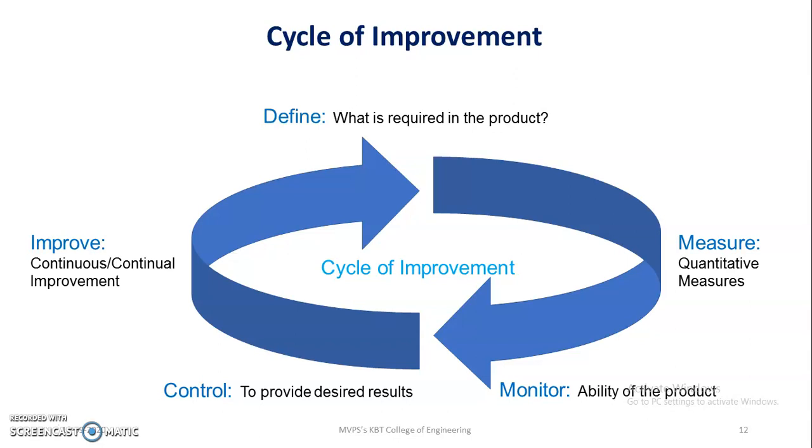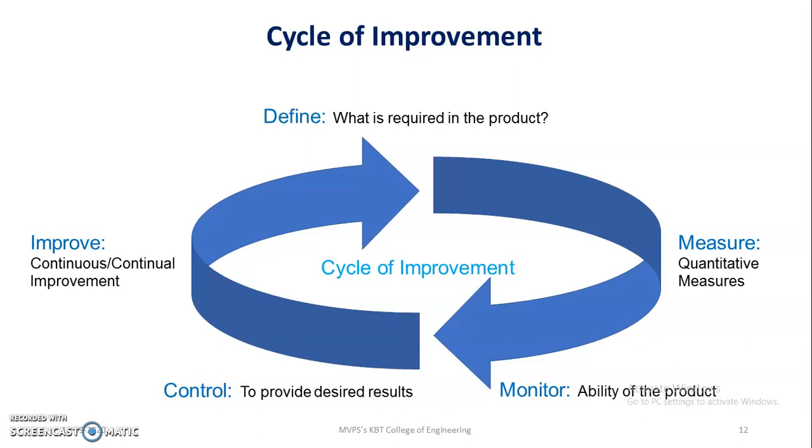The supplier as well as the customer must know what must be, what should be and what could be present in the product, and also what must not be, what should not be and what could not be present in the product. So the define stage basically focuses on what is required in the product.